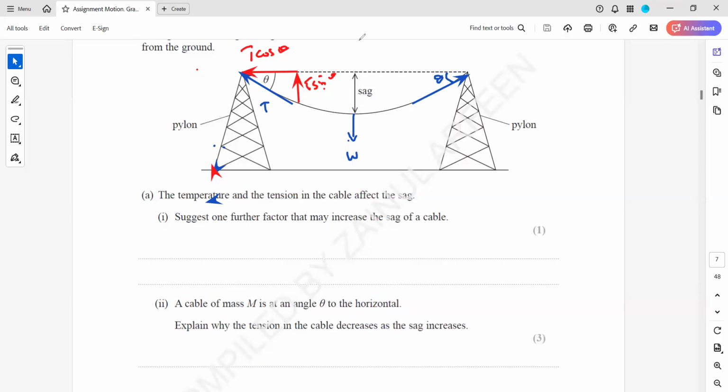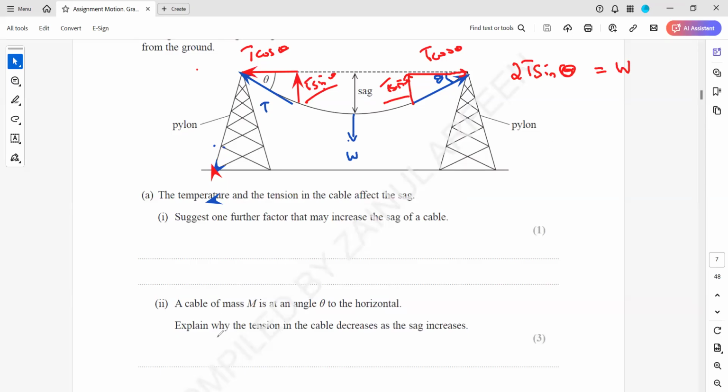It will also have the components, T cosine theta and T sine theta. So T sine theta and T sine theta, which are acting upward, are balancing the weight. So I can say 2T sine theta, because the two are acting upward, so I add them. So 2T sine theta equals the weight.